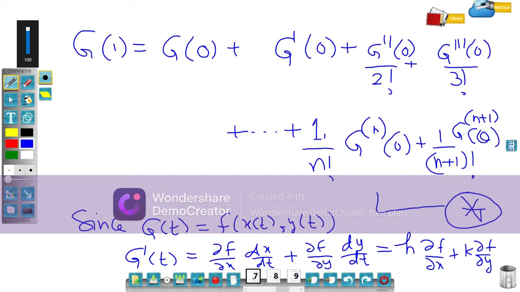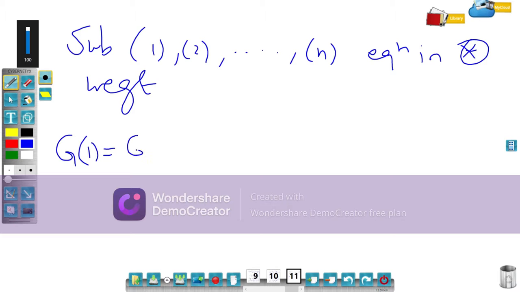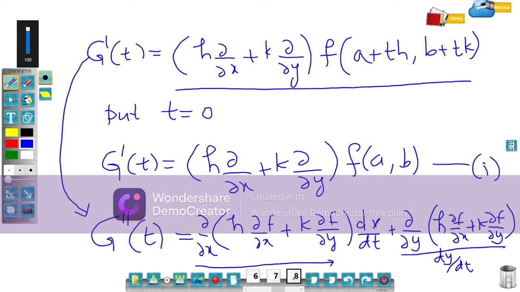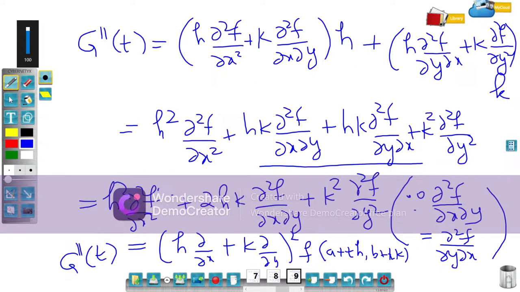So what is g of 0? Okay, so let me write down g of 0 as it is, plus g dash 0. G dash 0 will give you expression 1, which we have written in slide number 8.